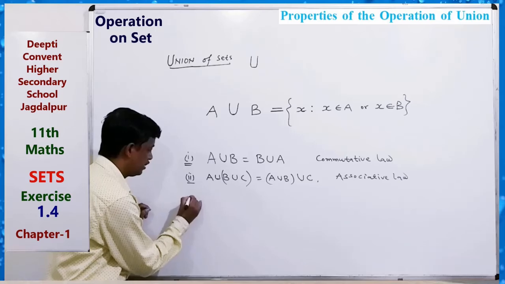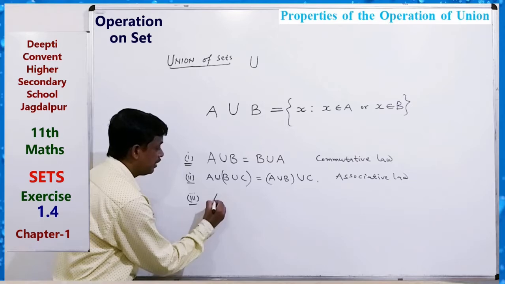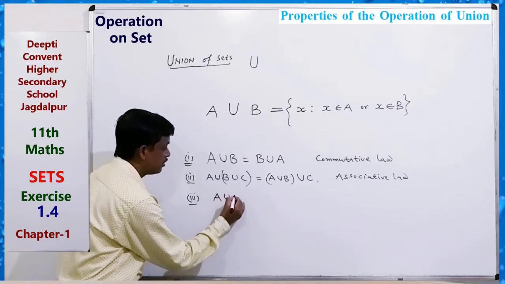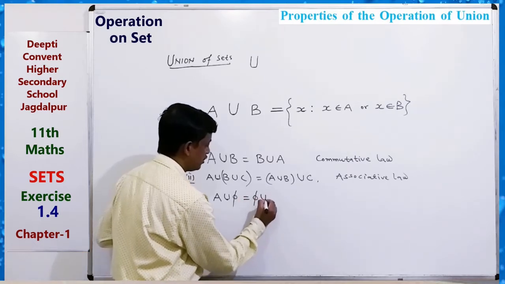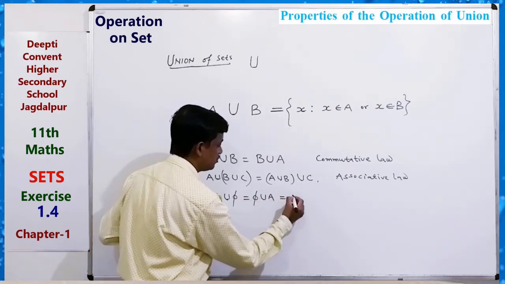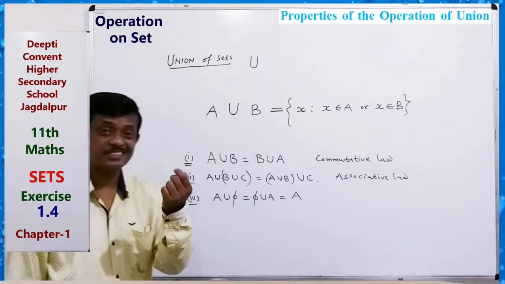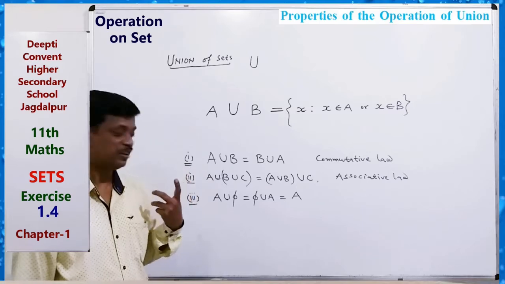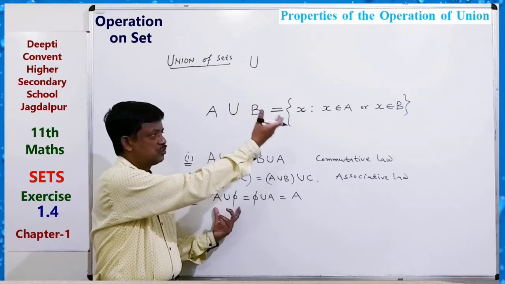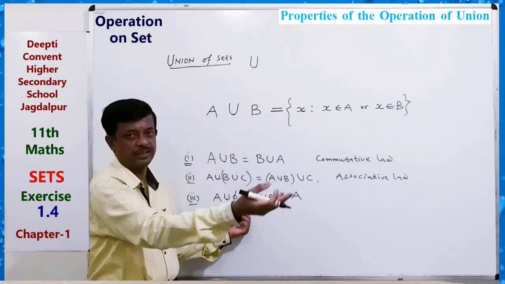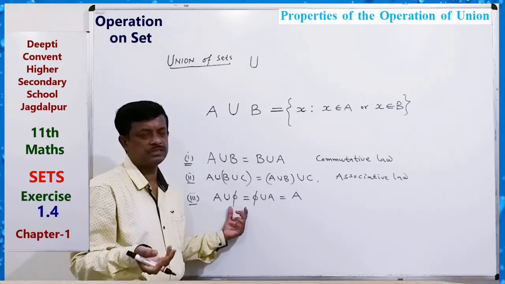Third, A union phi equals phi union A equals A. Phi is a set containing no elements. So for A union phi, x belongs to A or x belongs to phi. X belongs to A means all the elements of A, and x belongs to phi means nothing.